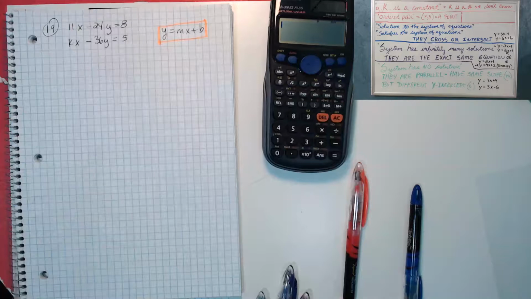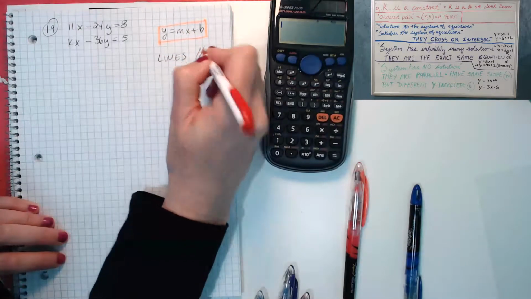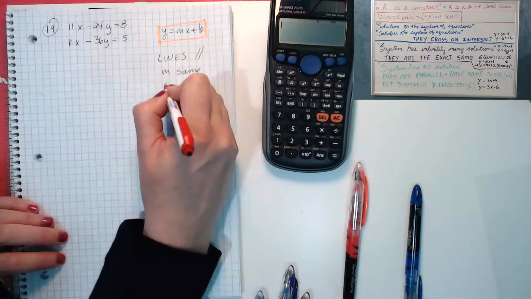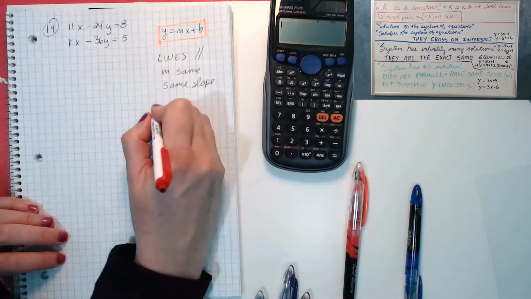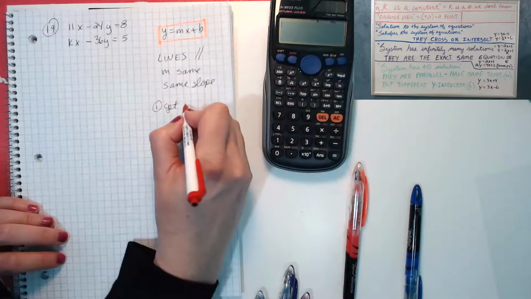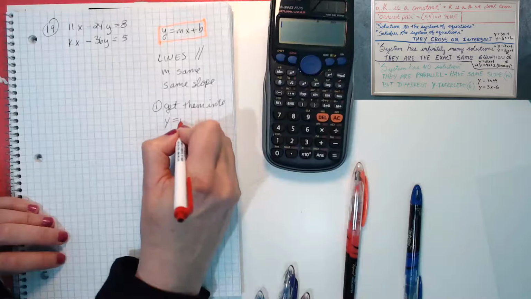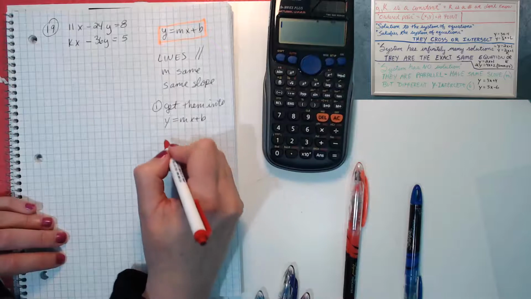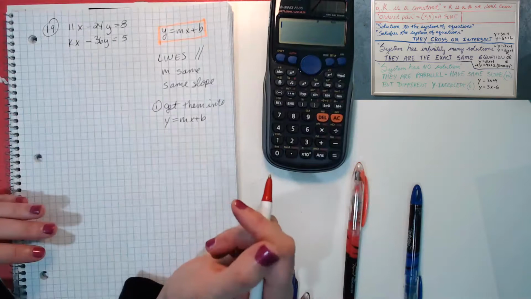We know that the lines are parallel. Let's write that down. Lines are parallel, so that means that the m is the same. You can say same slope. So we're going to get them into y equals mx plus b. And then do what we did in the other problem, set the m's equal to each other, because they have to be the same.